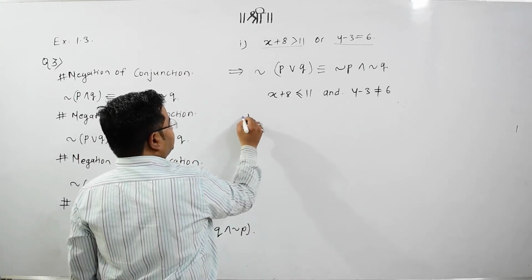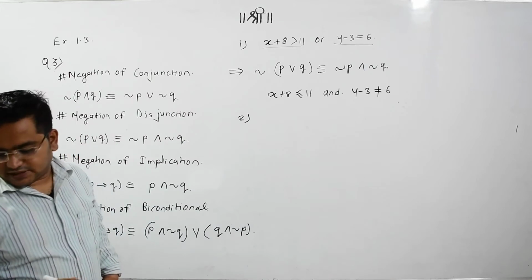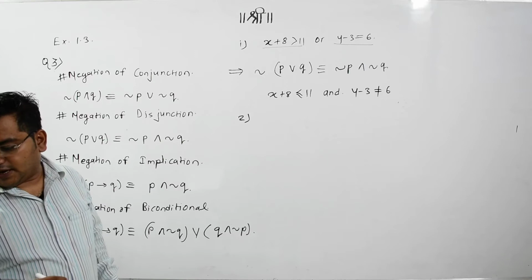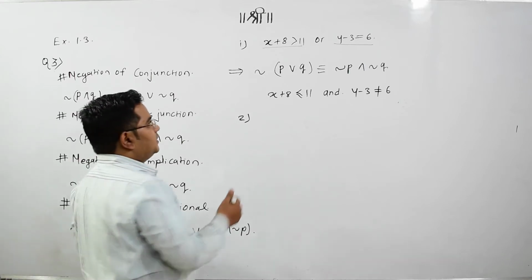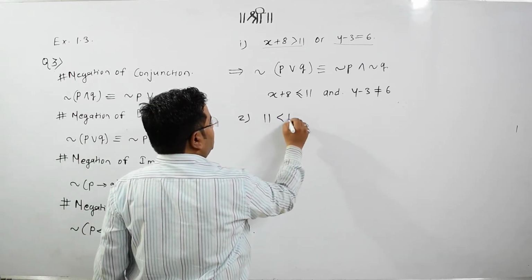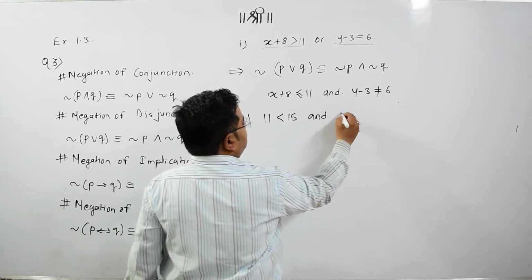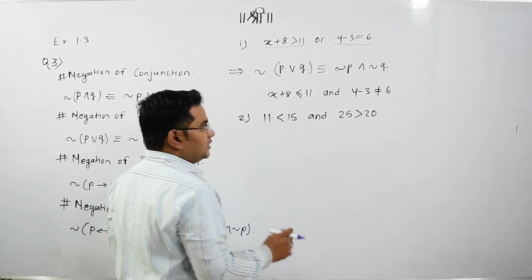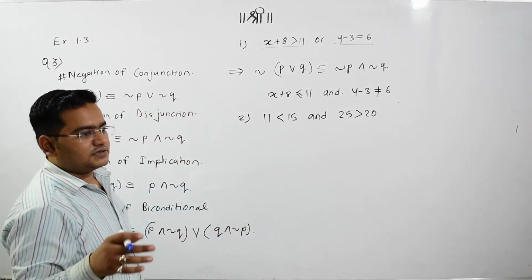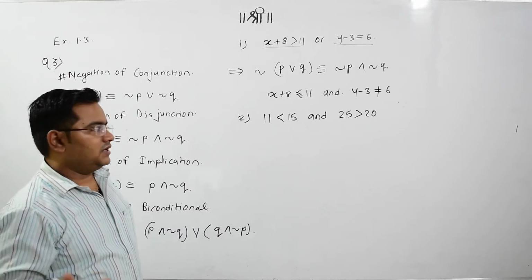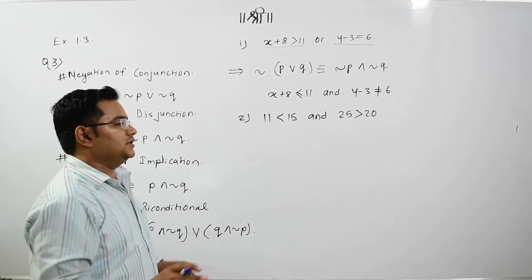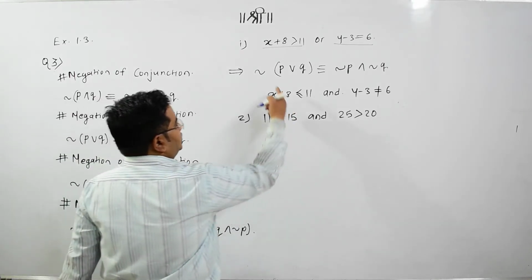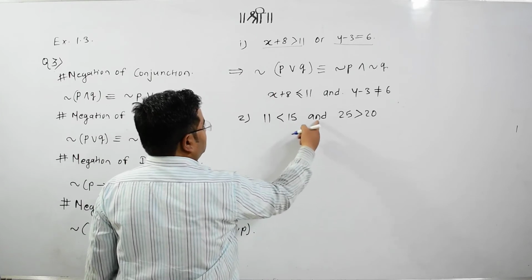Now the next step, question 2 says: 11 is less than 15 and 25 is greater than 20. All of you know that this statement is true, but they are not asking whether it is true or false. They have asked us only to form the negation. So we need to focus on the negation topic. Using this formula, here the AND is there.